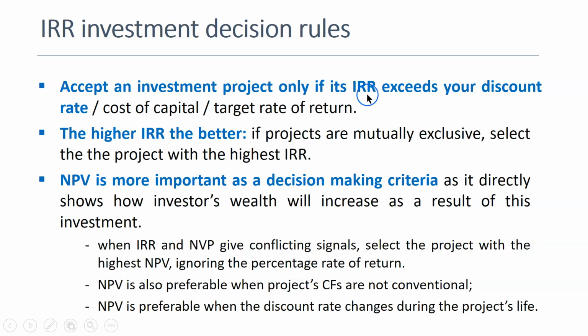Follow this rule. If IRR exceeds your cost of capital, your wealth will increase. You should accept this project. Alternatively, you can also compare internal rate of return with your target rate. For example, your company only wants to pursue projects which generate at least 20% return. In this case, if IRR of a specific project is greater, go for it.